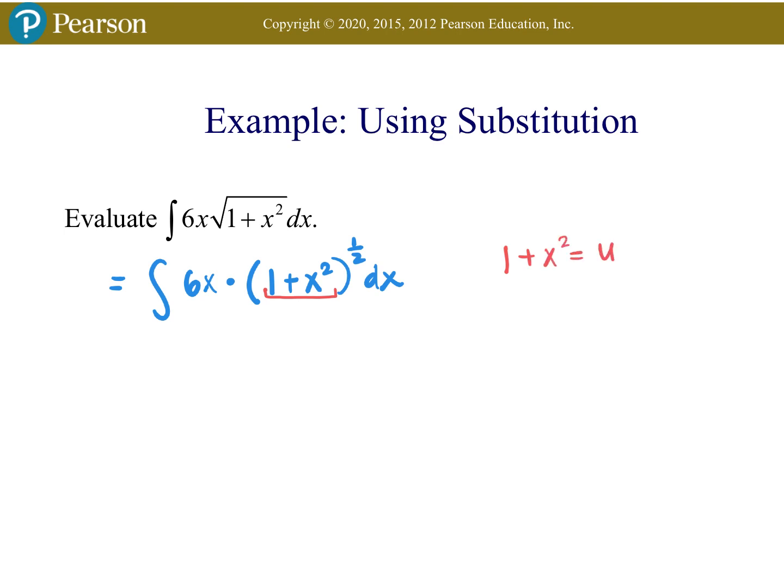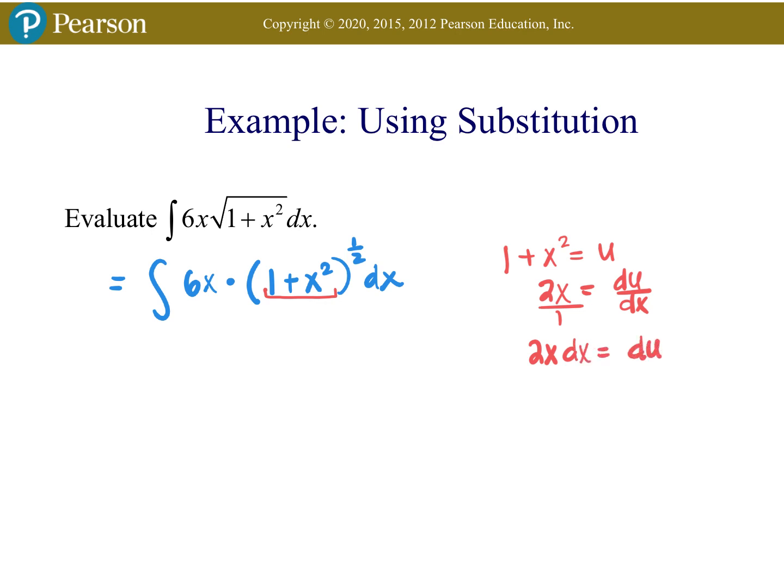The thing that makes it a little bit different is, what's the derivative this time? It's 2x. And on the other side, it's du dx. So our cross multiplying gets a little bit more complex. Doesn't mean we can't do it, but we're going to cross multiply and we'll get 2x dx equals du.